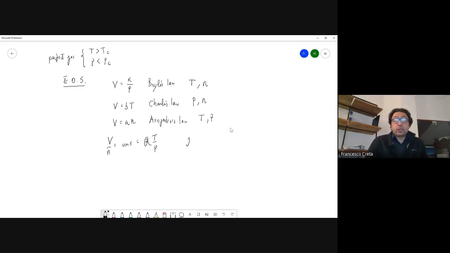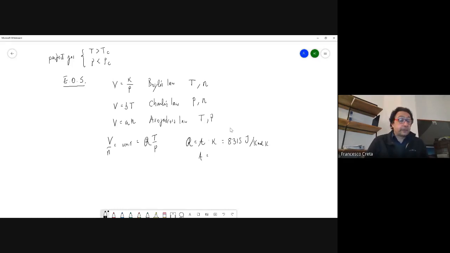The universal constant is a product of Avogadro's number times the Boltzmann constant, and it's equal to this number here, so 8,315 joule per kilomole per Kelvin, okay?